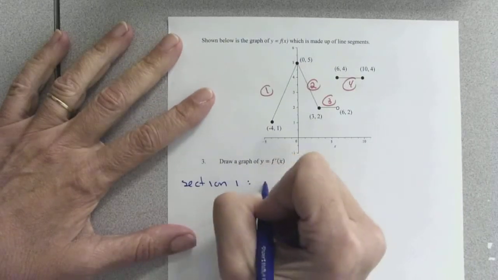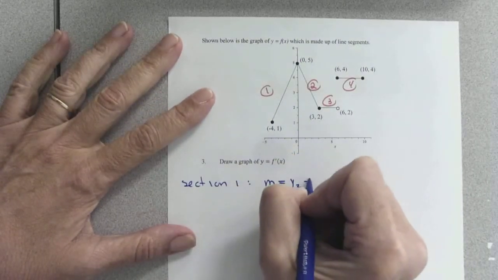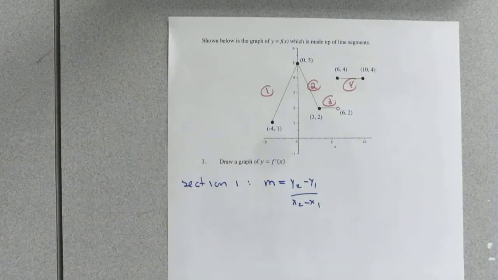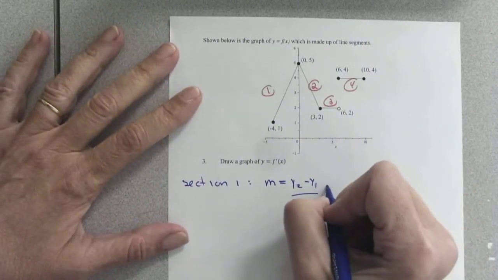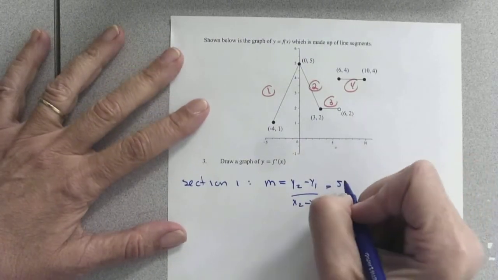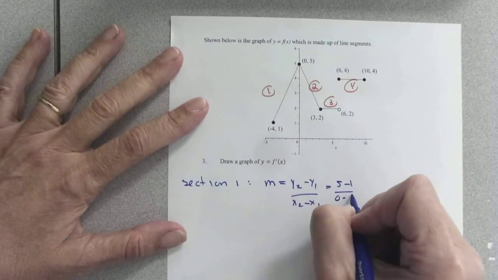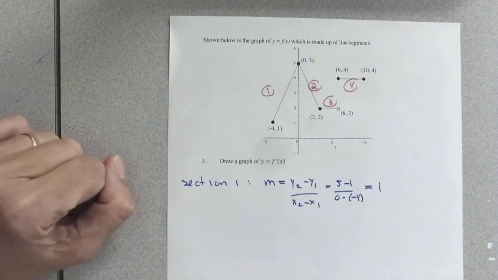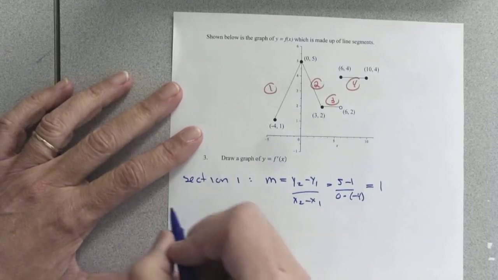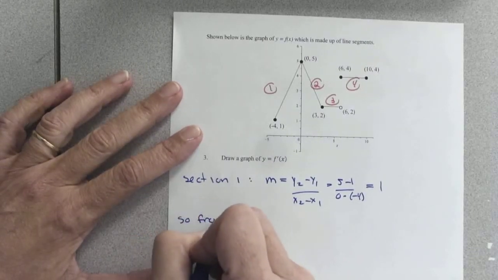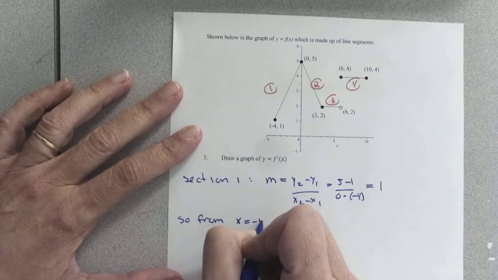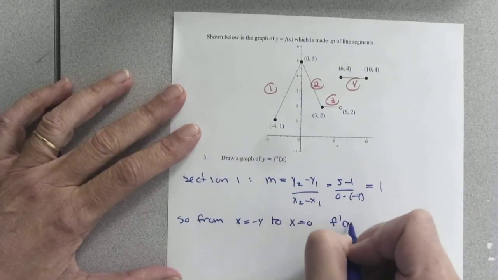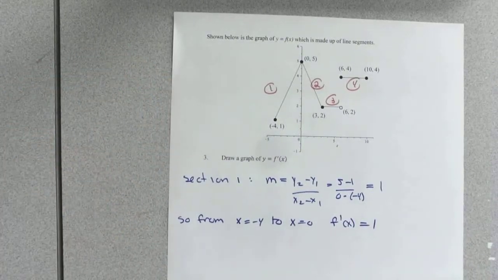Section 1, the slope. Just using the old-fashioned formula for slope, y2 minus y1 over x2 minus x1 is going to give me 5 minus 1 over 0 minus negative 4, and that's going to be 1. And so what this tells me is, from x equals negative 4 to x equals 0, f prime of x equals 1.